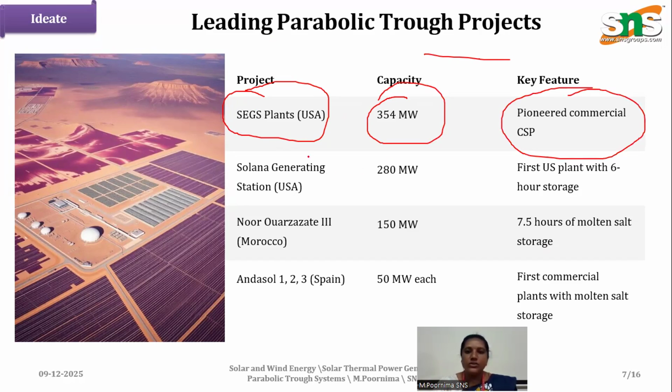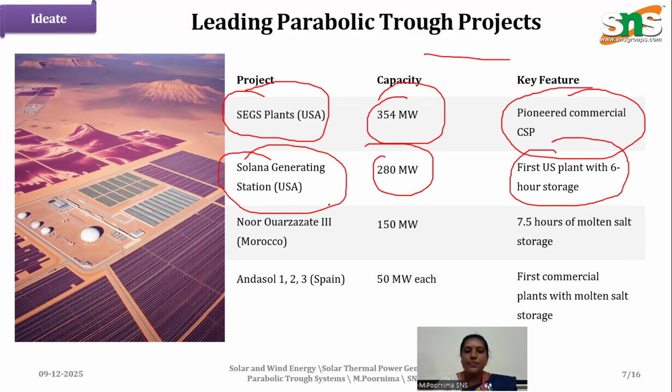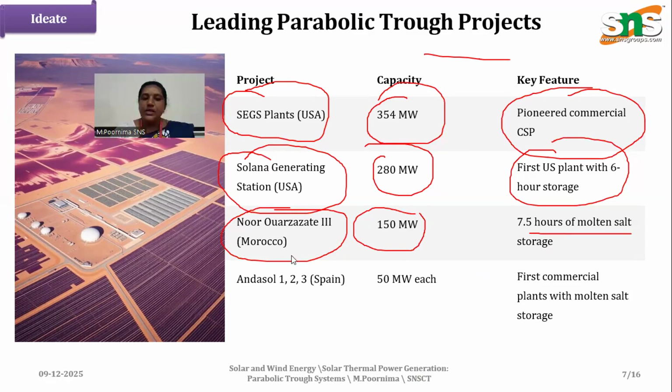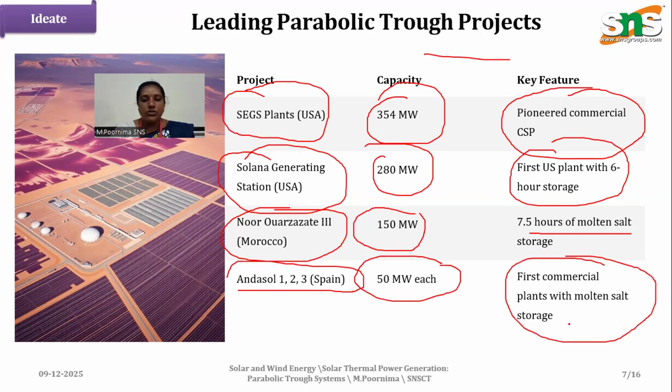Then Solana, 280 megawatts, the first US power plant with 6 hours of storage, and Noor Ouarzazate in Morocco, 150 megawatts, with 7.5 hours of molten salt storage. And finally Andasol in Spain, 50 megawatts each, the first commercial plant with molten salt storage.